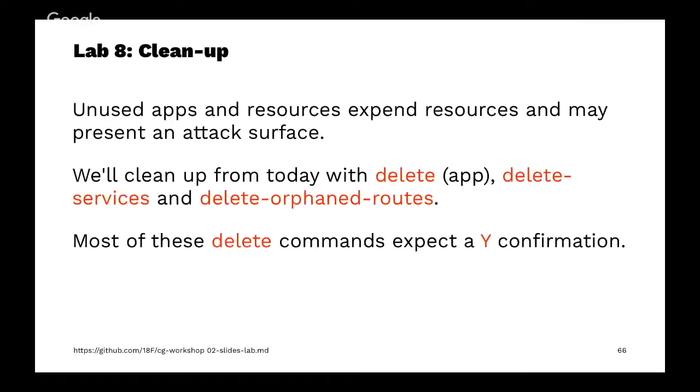Fortunately, there's delete-orphaned-routes that takes care of them in bulk for us. Most of these delete commands will not do anything until you type Y or yes and press return. So if nothing's happening, it's probably expecting a response from you.